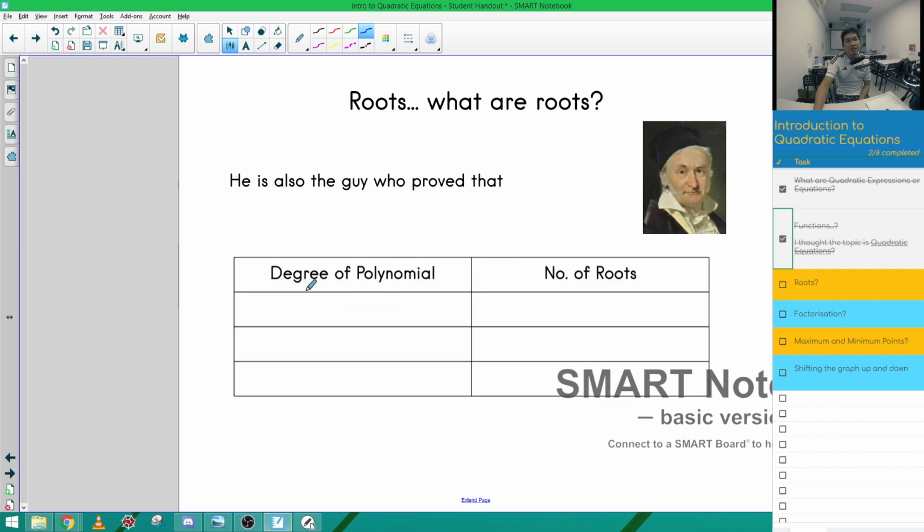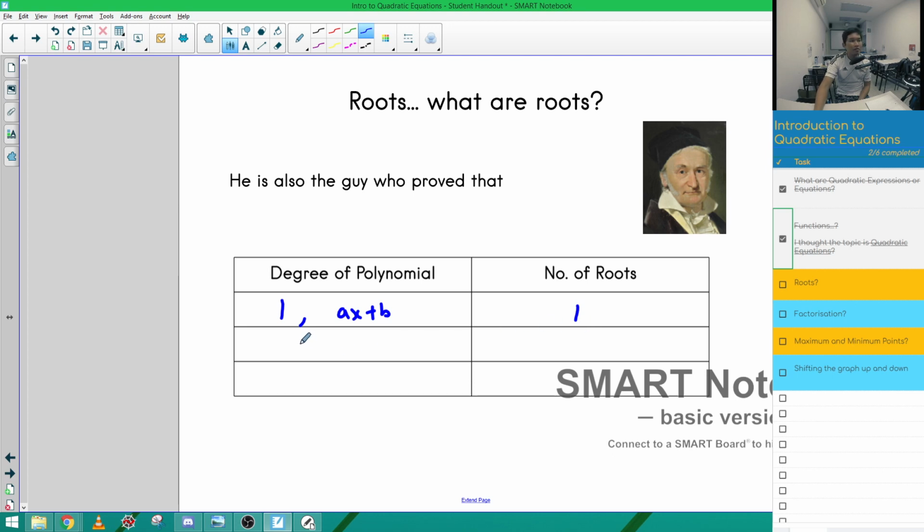He proved that if the degree of your polynomial is 1, sorry, let me just remove those dots. If the degree of a polynomial is 1, meaning that it's linear, it looks like this, then you have 1 root.